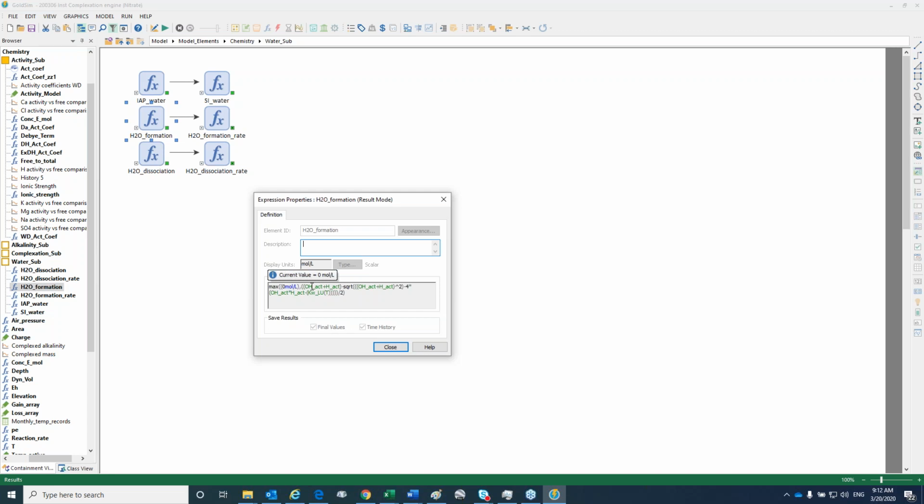And so if we add a delta term into that, we would say OH plus delta OH multiplied by H plus delta H. That gives us the capability to look at the differential in terms of an approach to equilibrium, or how much we need to add or subtract in order to get to equilibrium.